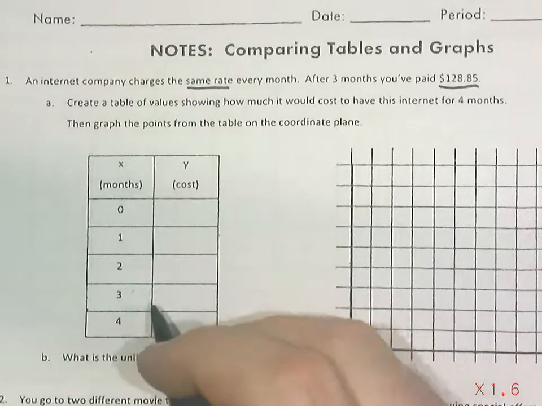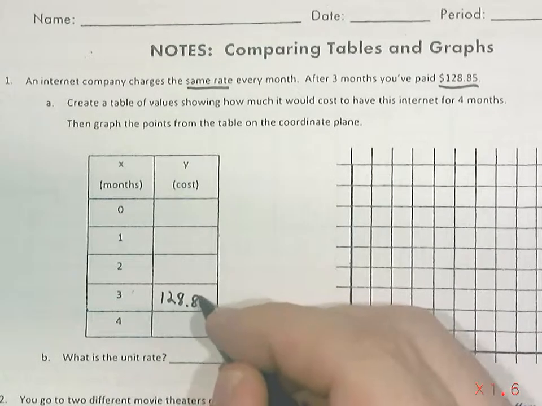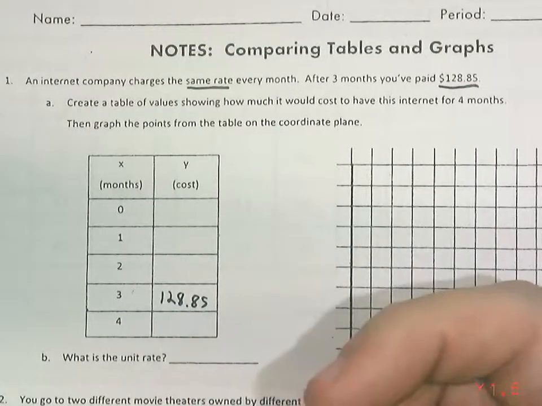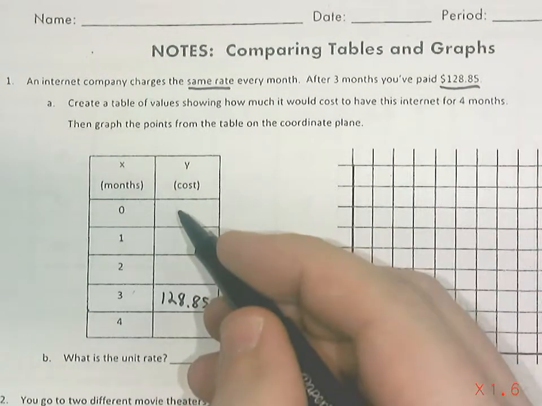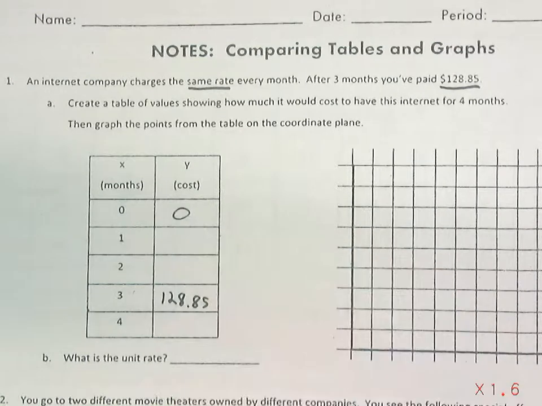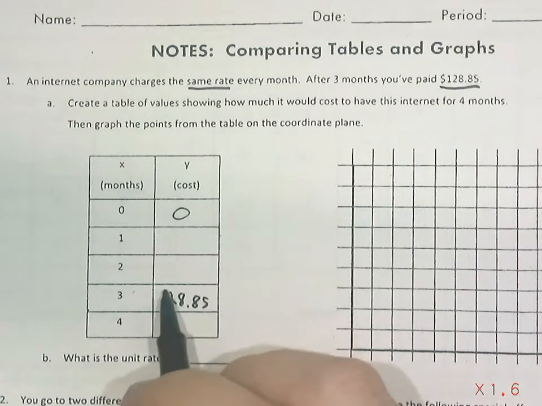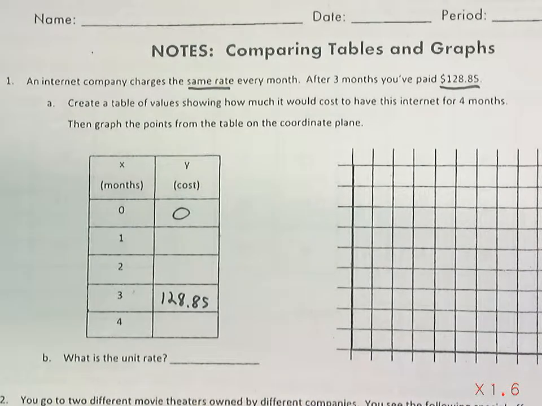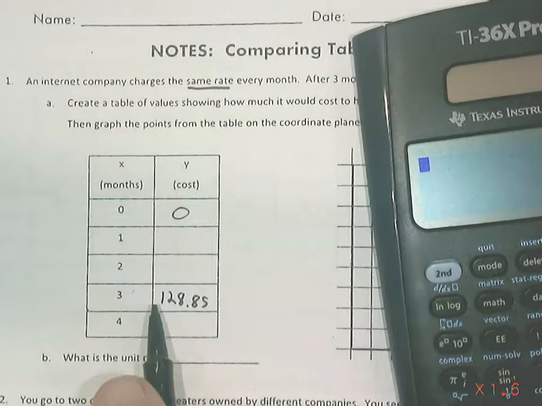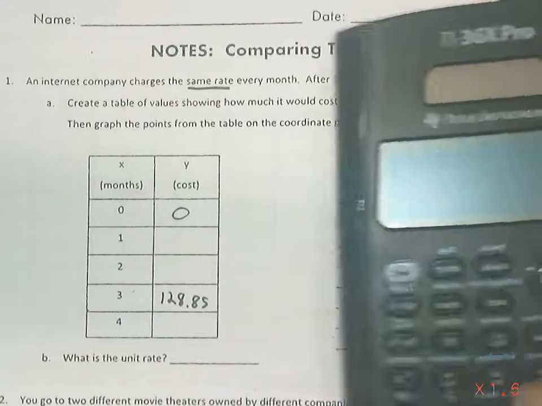After 3 months, I know that it's $128.85. I also know that if I have 0 months, they haven't charged me yet. So then I need to figure out what this is per month. If this is the same rate and after 3 months it's 128.85, if I divide that by 3, that should give me the monthly rate.